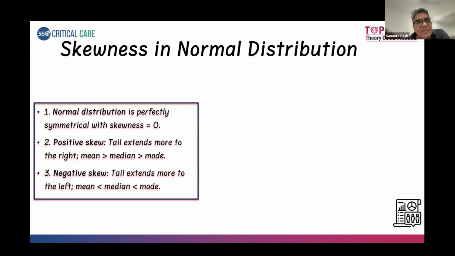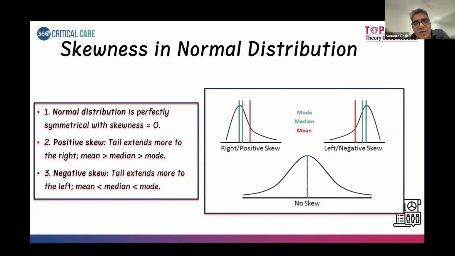In that case, the mean is less than the median, which is less than the mode. This is the usual convention that we look for. As you can see, this is a positively skewed or right skewed data. This is a negatively skewed or left skewed data, and this is no skew, a normal distribution curve. In right skewed data, your mean is more than the median, which is more than the mode, and the reverse is true for left skewed data.